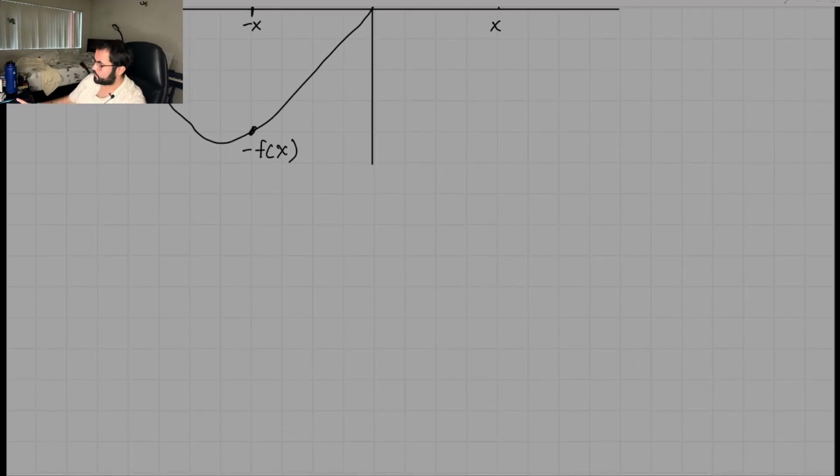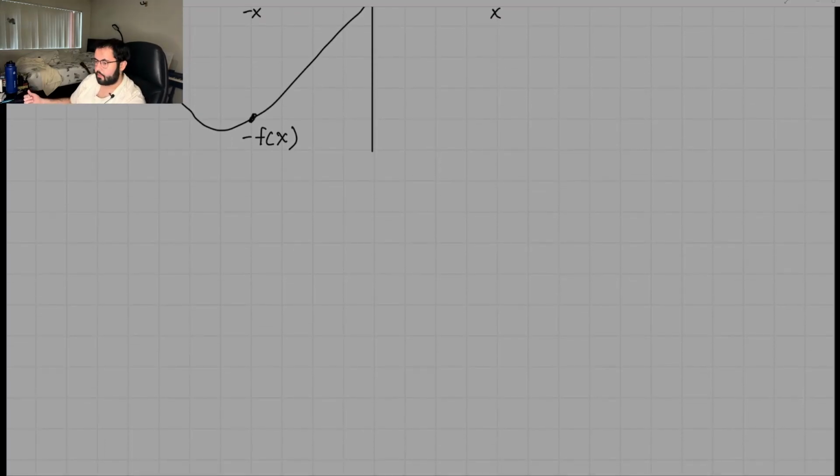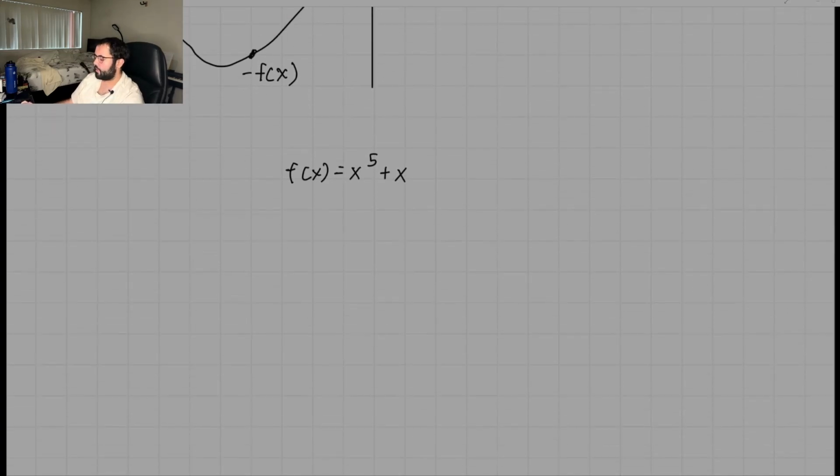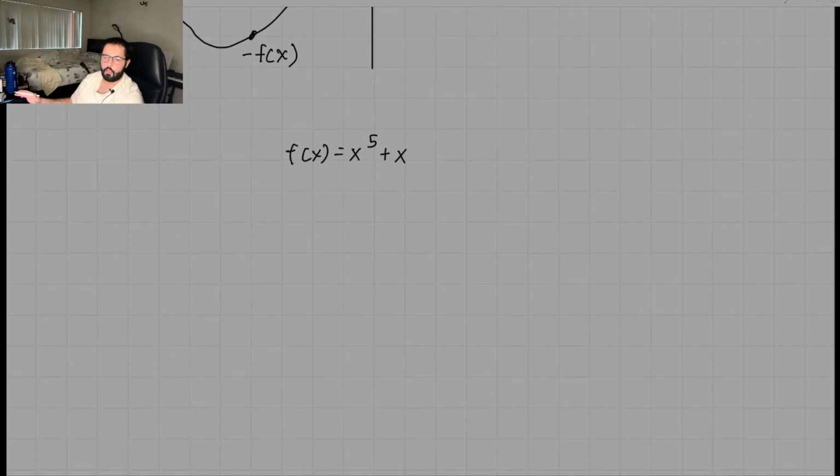So we've seen how to tell if a graph is even or odd. We can do the same with equations. If I gave you some equation, f of x is equal to x to the 5th power plus x, how would you find out if this equation is odd or even? All you have to do is plug in negative x for our input and see what output you get.